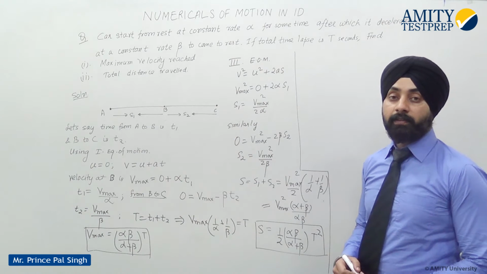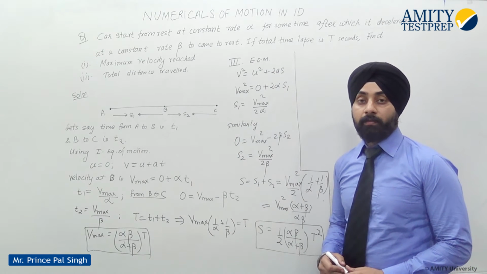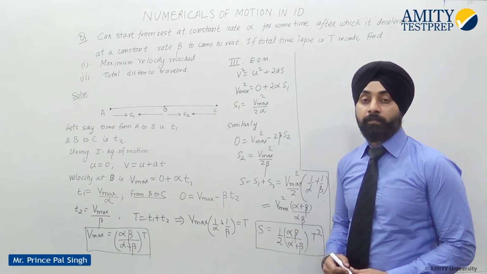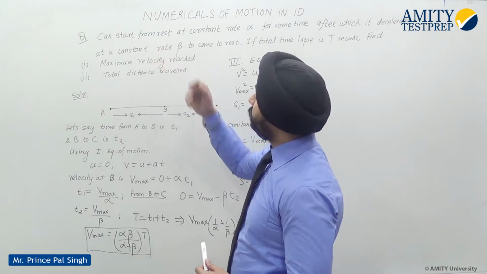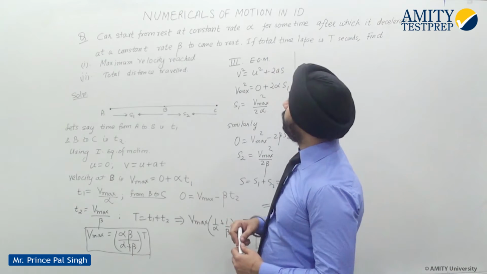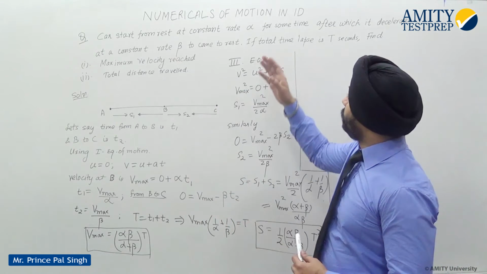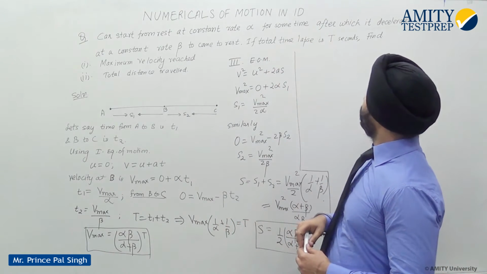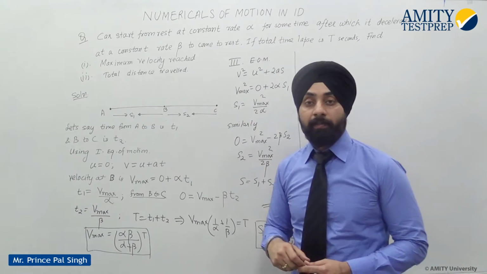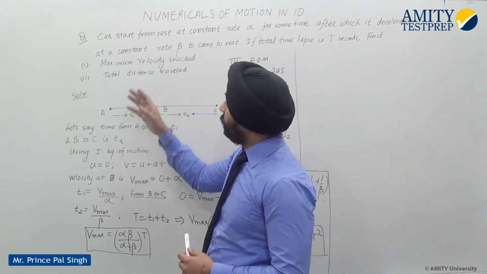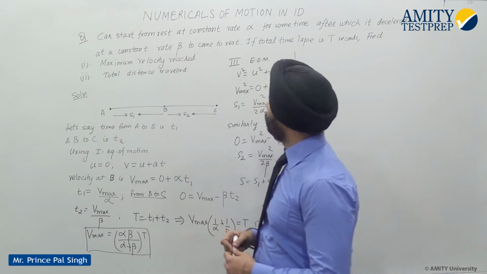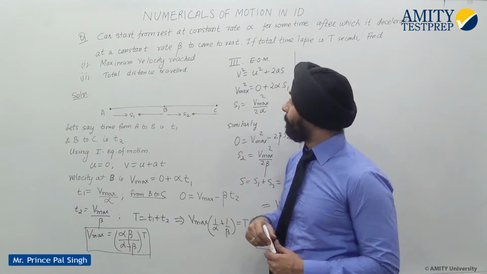Today we will discuss numericals in kinematics, that is numericals in motion in one dimension. Here is a numerical. A car starts from rest at a constant rate alpha. Then for some time it continues that same acceleration, after which it decelerates at the constant rate beta and then comes to rest again.